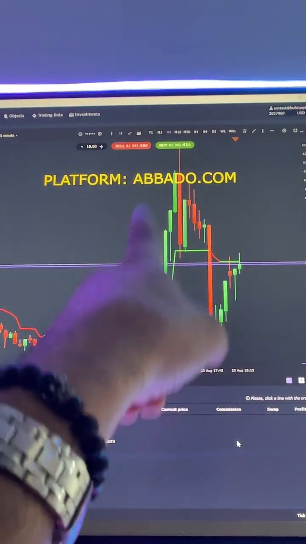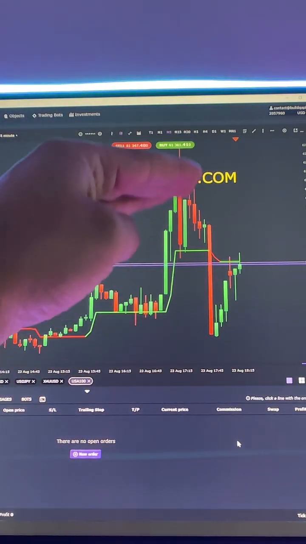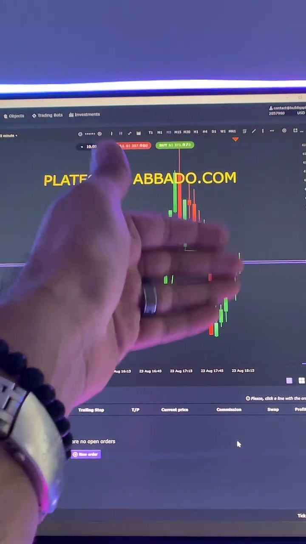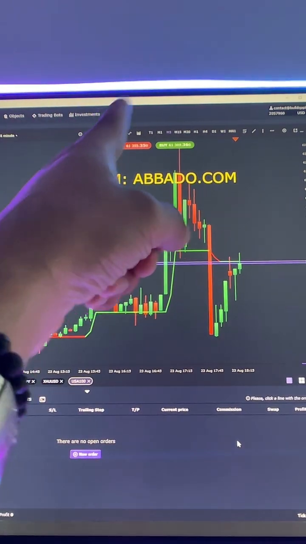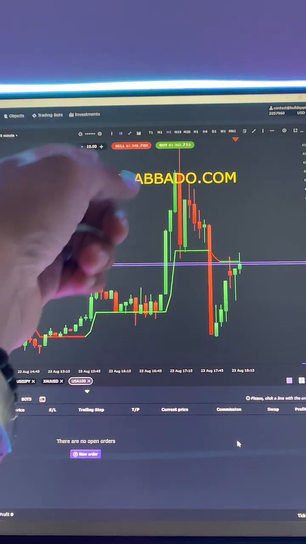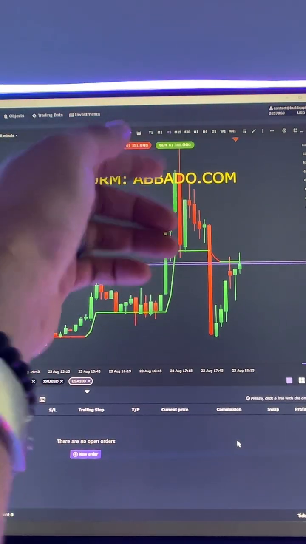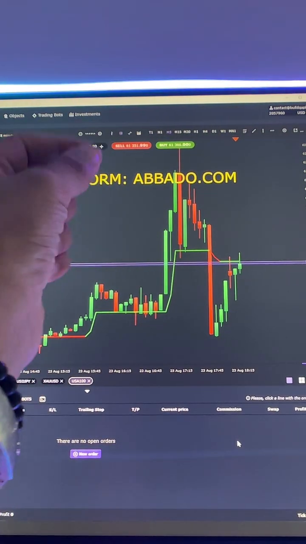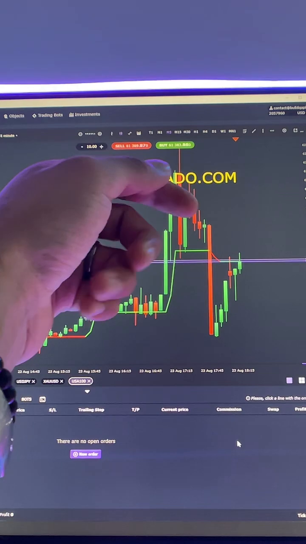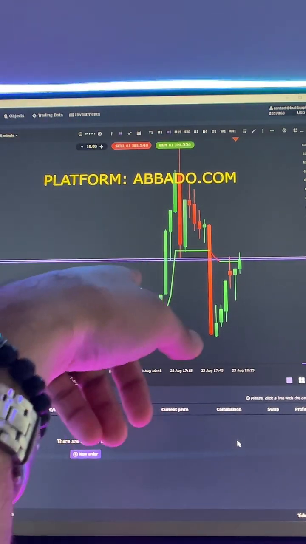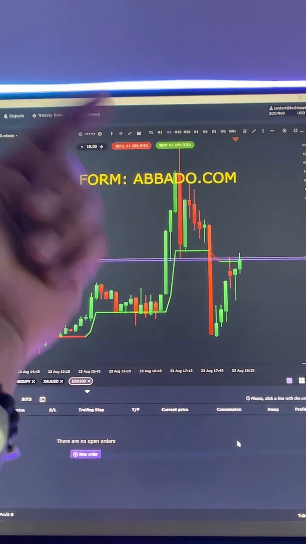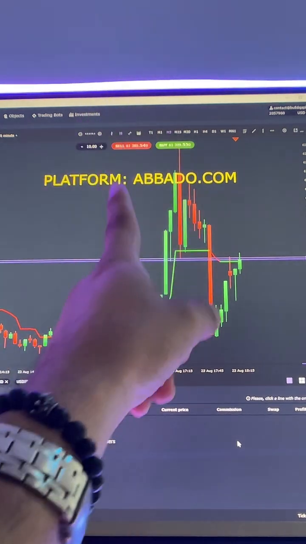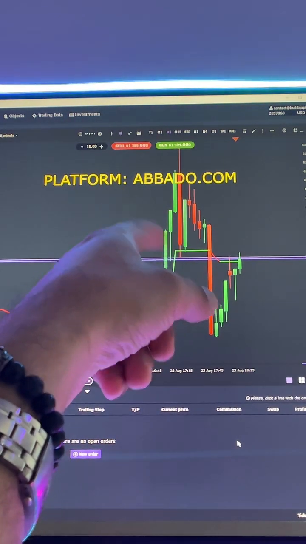If I set it to 0.01, then for each dollar that Bitcoin moves, I'm going to either make or be down 1 cent. If I set my lot size to one, every dollar that Bitcoin moves up, I can make $1. This is an amazing thing.